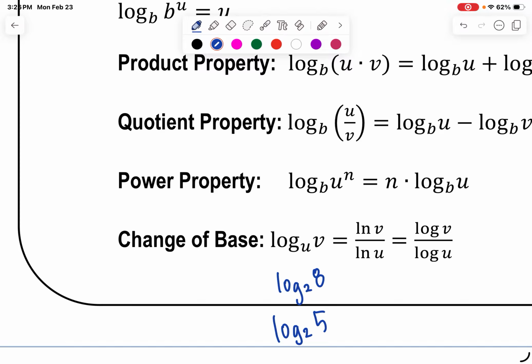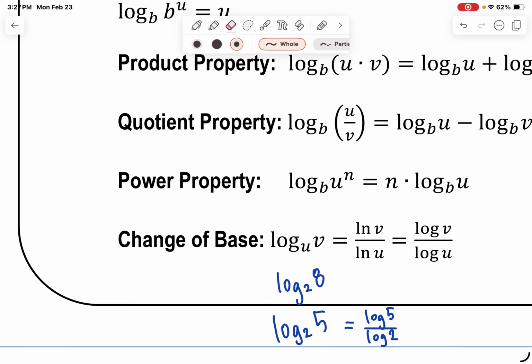So we can use the change of base formula to change this into common log of 5 divided by common log of 2. Why is that helpful? Because our calculator has a common log button. We can just hit common log of 5, close the parentheses, divided by common log of 2, and that'll give us the decimal approximation. Well, it'll give us the exact answer. Well, it's rounded, it's a calculator. So that's the change of base formula.